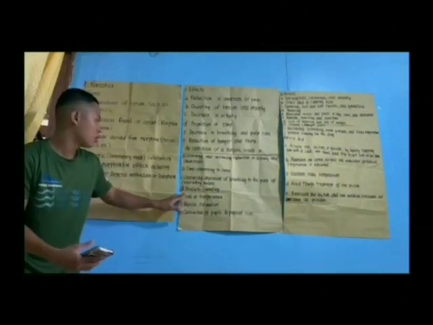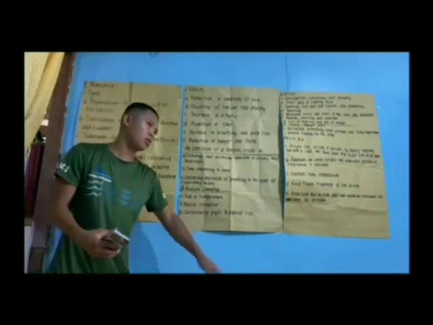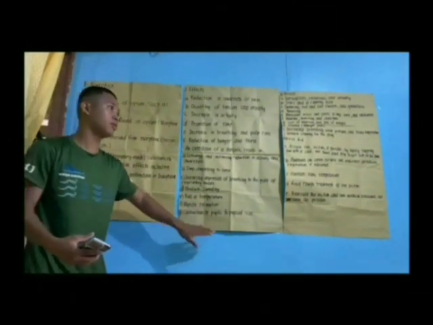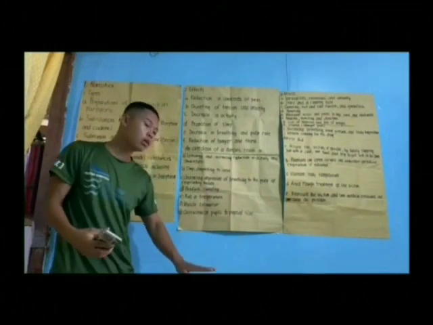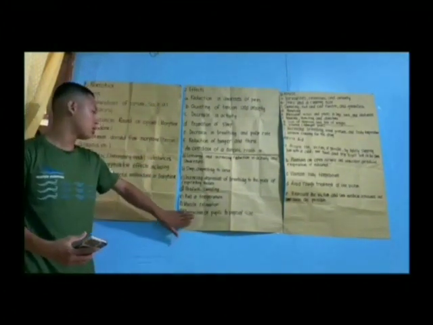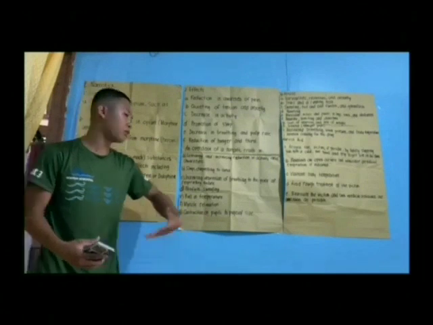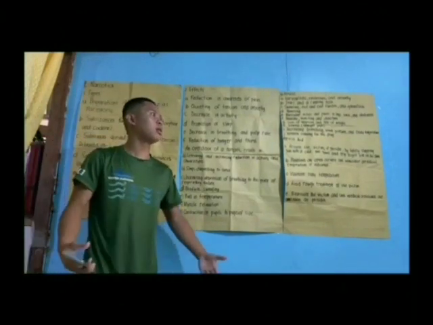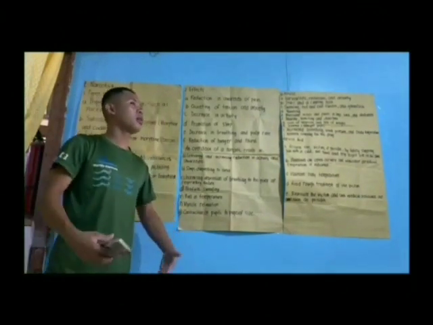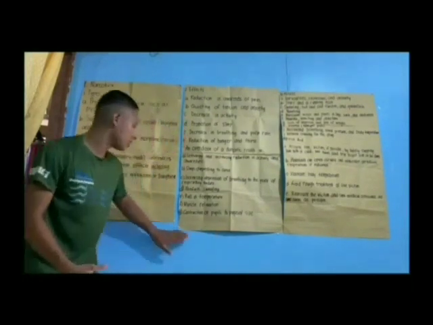Next is profuse sweating, so you sweat. Then fall in temperature. Then muscle relaxation, so you become limp and your body is relaxed.